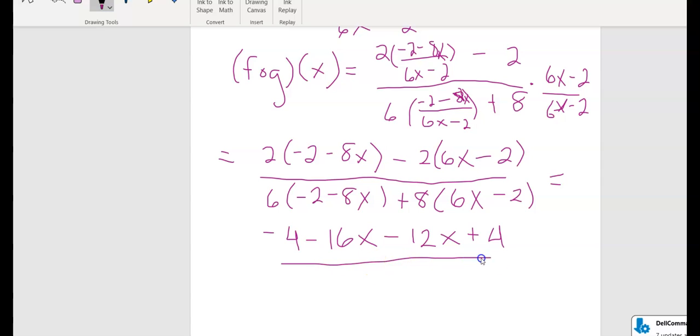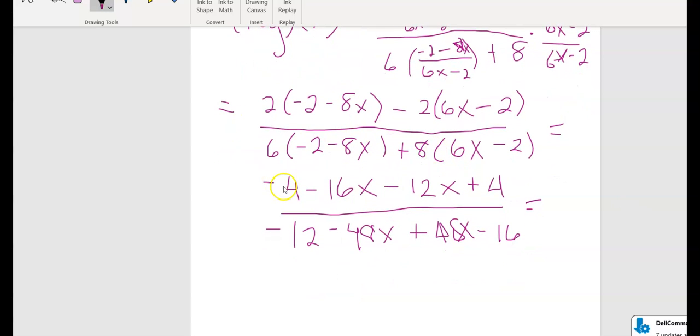And on the bottom, we're going to have negative 12 minus 48x plus 48x minus 16.